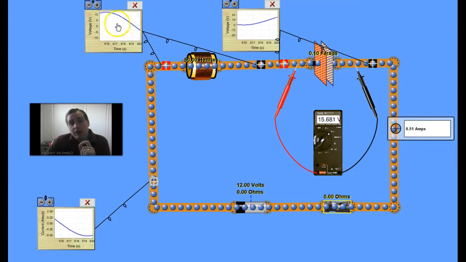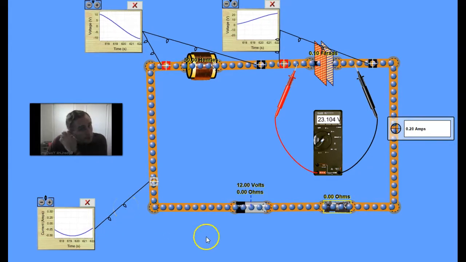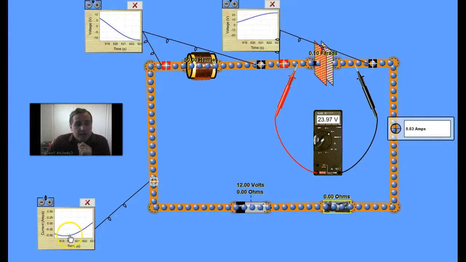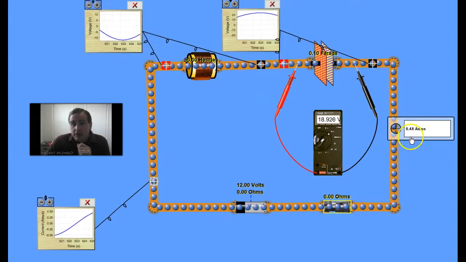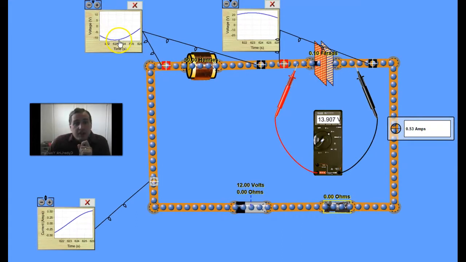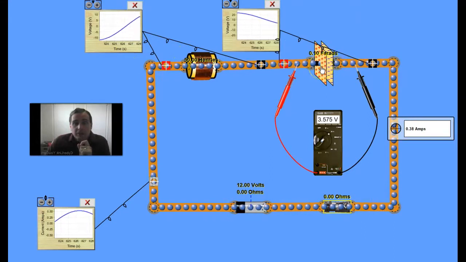That's because, I don't know if you just noticed, but the current changed direction. Notice that the current is a time-varying function. You can see that here. But then the voltage is a time-varying function on both the inductor and the capacitor.